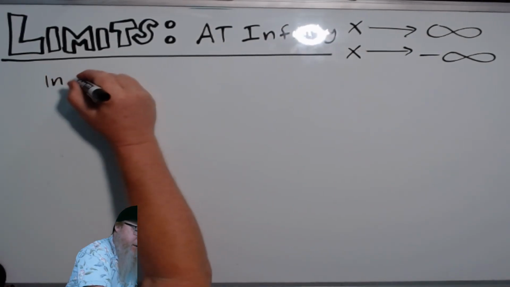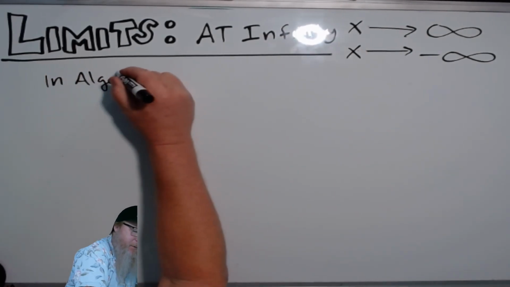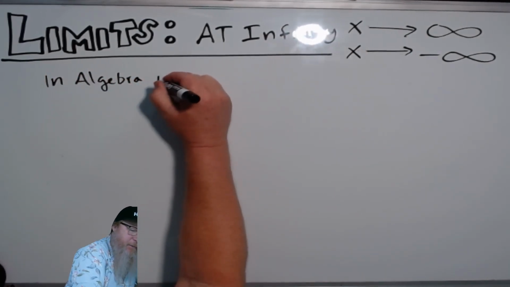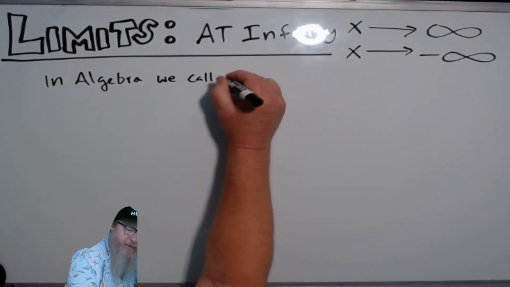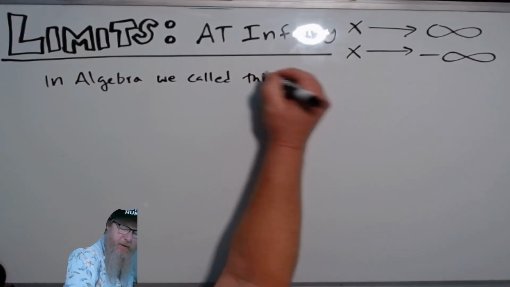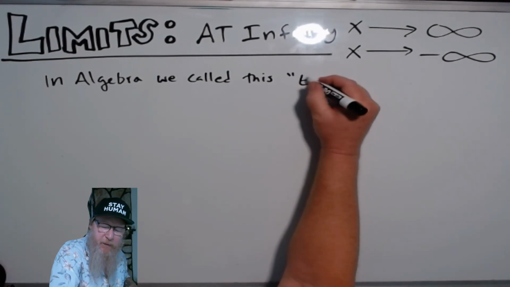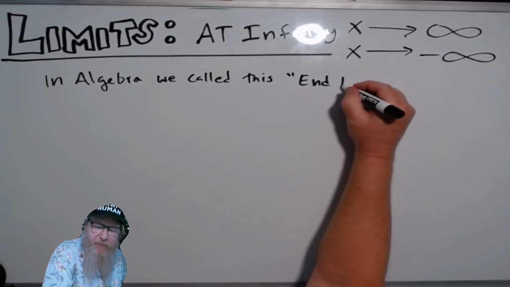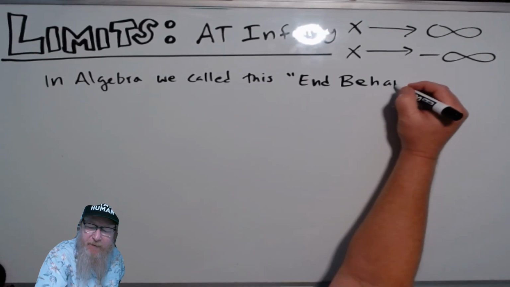In algebra, we didn't use the word limit. If you've taken my algebra course, you've probably already seen this before. We called this the end behavior.